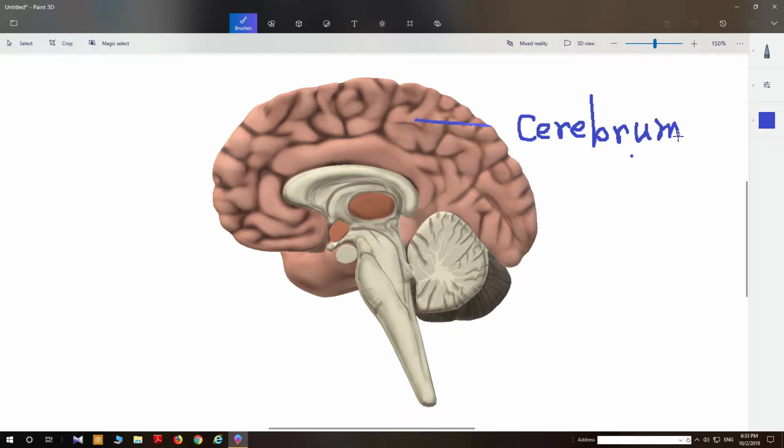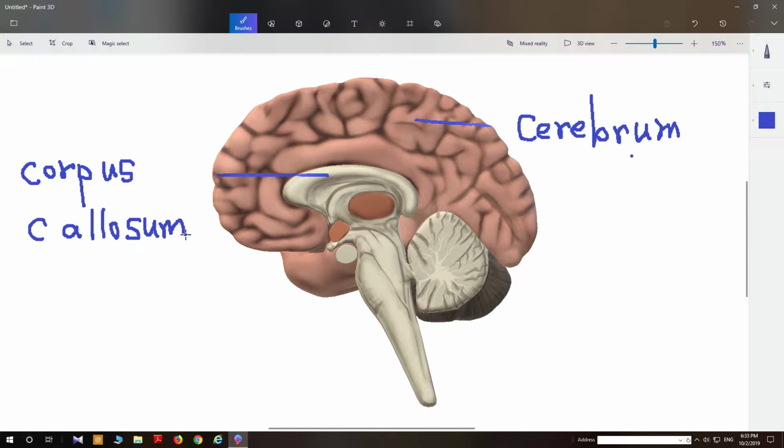All right, and the next part is called corpus callosum. Corpus callosum. CALLOSUM. You need to remember the spelling also. All right, corpus callosum.